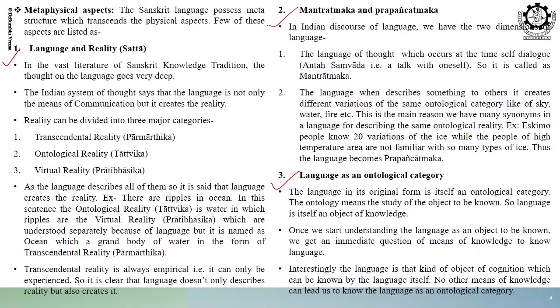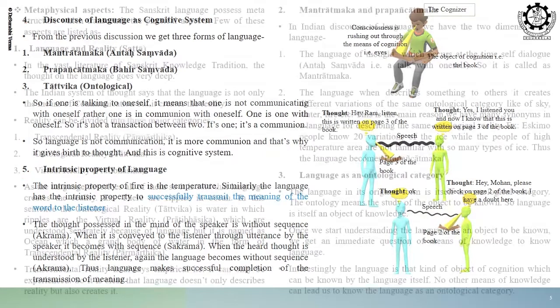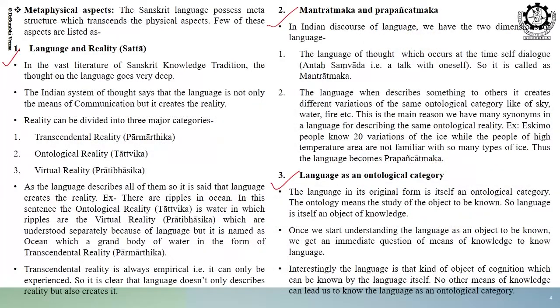There are a total of 5. This is a kind of summary through which we are going to enter into the subject matter. 5 basic targets. First, in the Indian tradition, in Indian knowledge systems, in the Indian corpus, how language is studied so deeply that it can define reality.